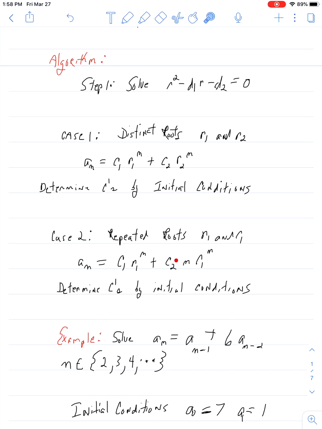And the second term has an n in it. There is no n up there. So again, the algorithm tells us what the solution is going to look like. It's going to look like c1 r1 to the n plus c2 n r1 to the n. But again, we have to determine the constants c1 and c2. How do you determine the c's? Again, it's by the initial conditions.